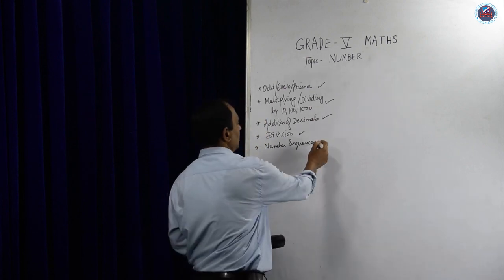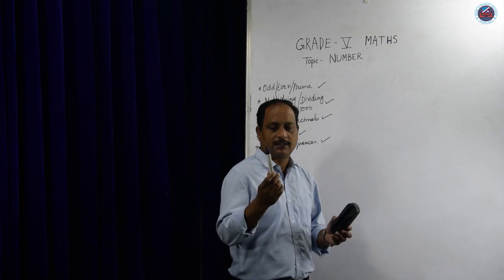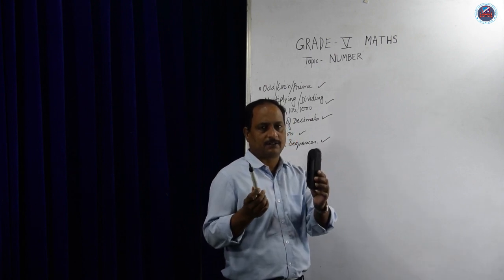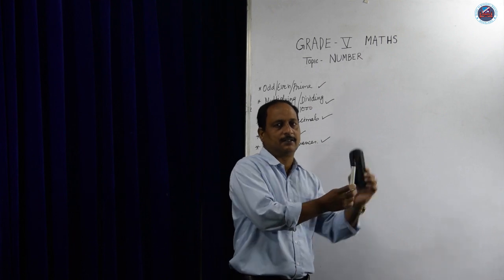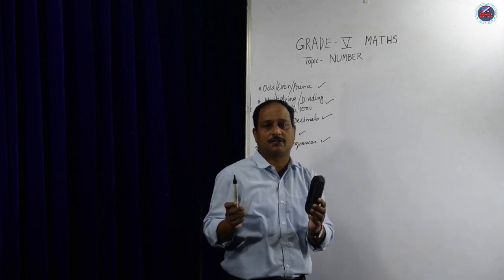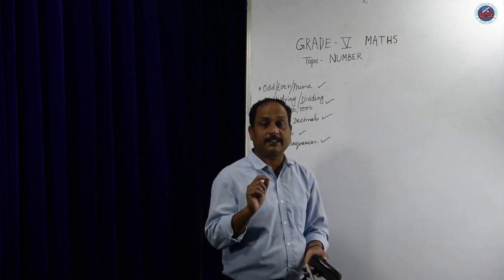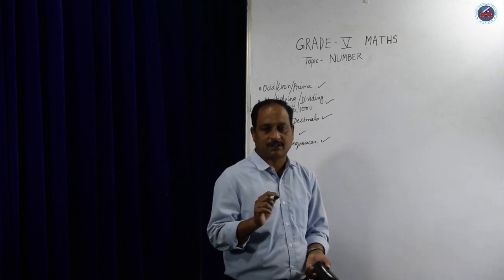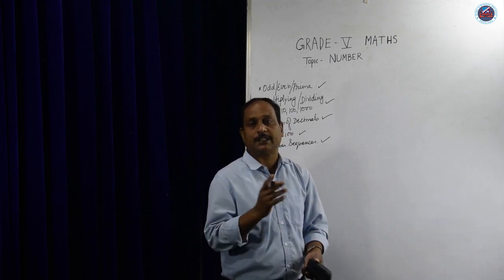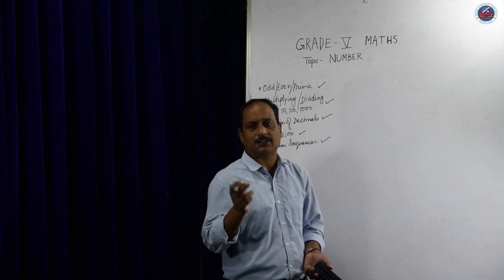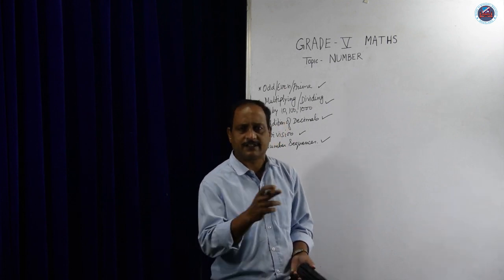Now let us go for number sequence. What is a sequence? Sequence means this pen, duster. And if I put this pen here, that means pen, duster, pen, duster, pen, duster. This is the sequence of pen and duster. Sequence means an ordered set of numbers, shapes or other mathematical objects arranged according to a rule. Mathematical objects are like circle, triangle, rectangle, square, quadrilateral, any shape.